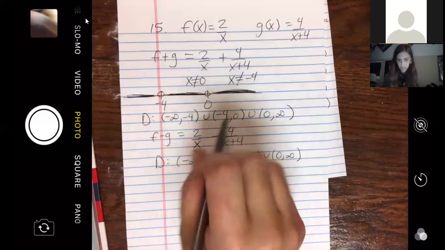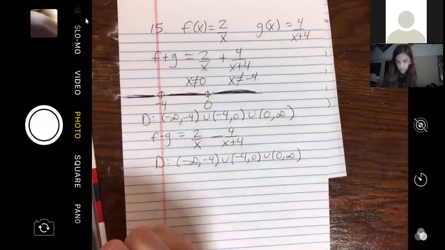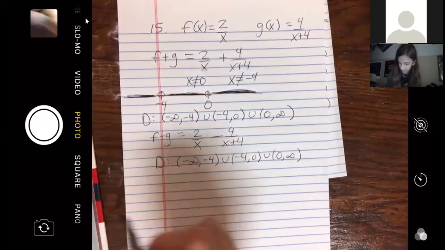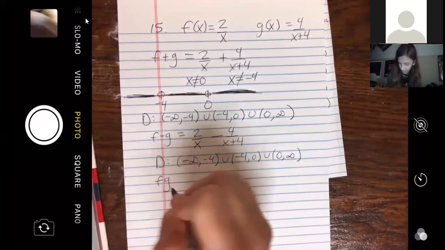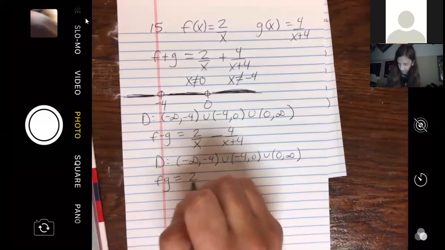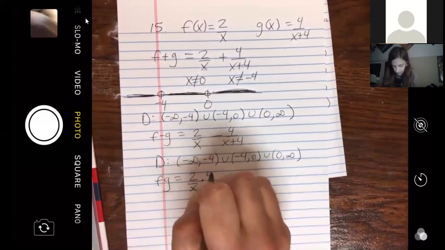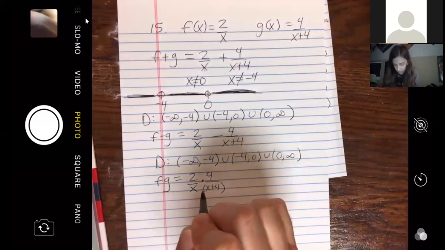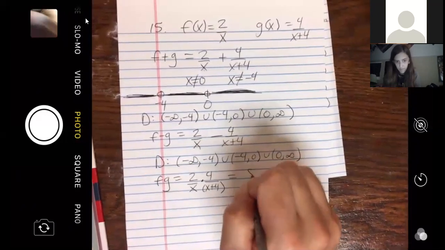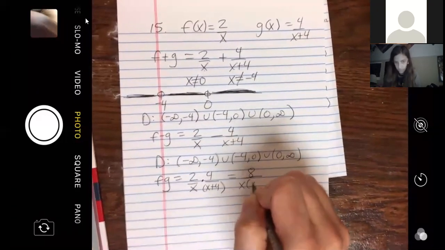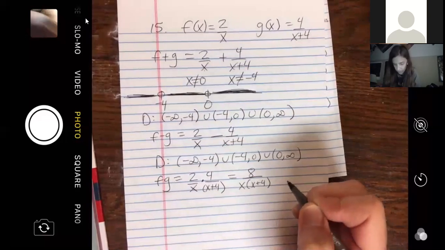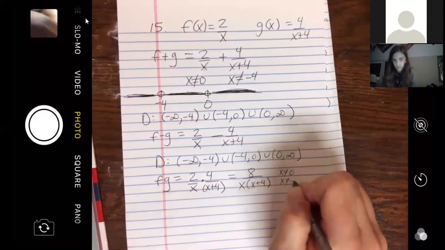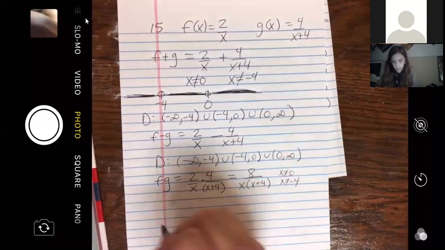You don't have to redo all your work. And I think you'll find the same thing when you multiply them. f times g takes 2 over x times 4 over x plus 4. You can multiply your top and get 8 over x times x plus 4. But you still can't use 0 and you can't use negative 4. So the domain doesn't change.